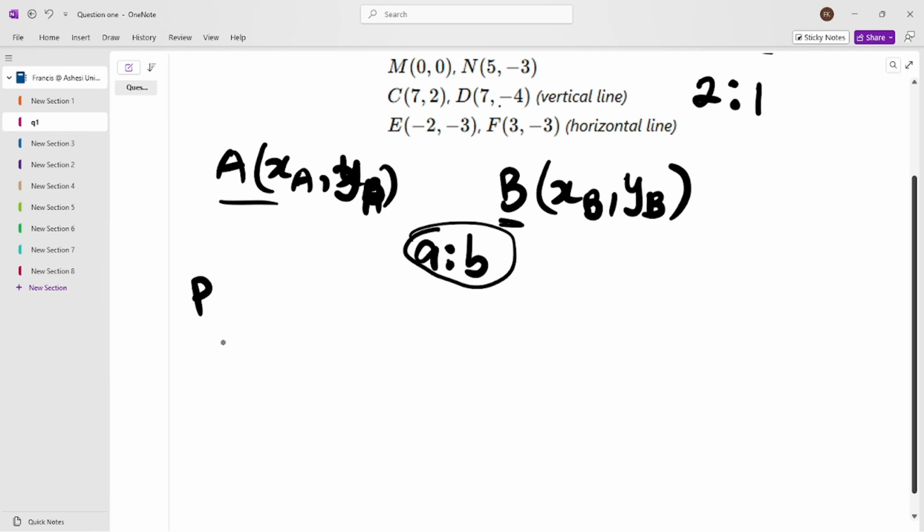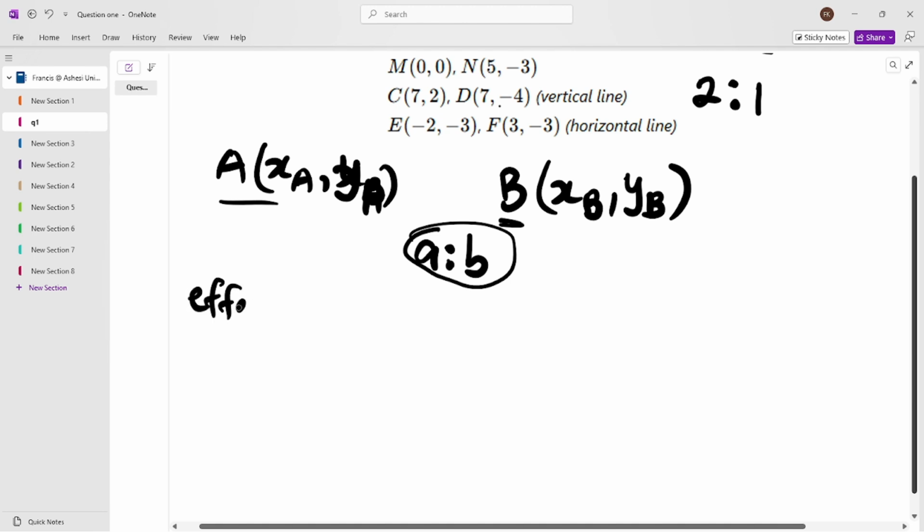So what happens is, first you need to find the denominator. Let's call it the ratio sum, or let's call it the effective ratio, right?